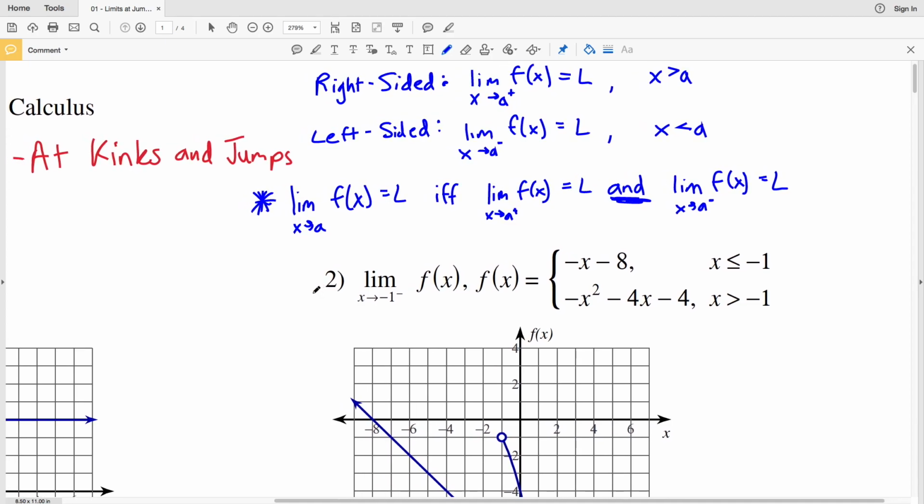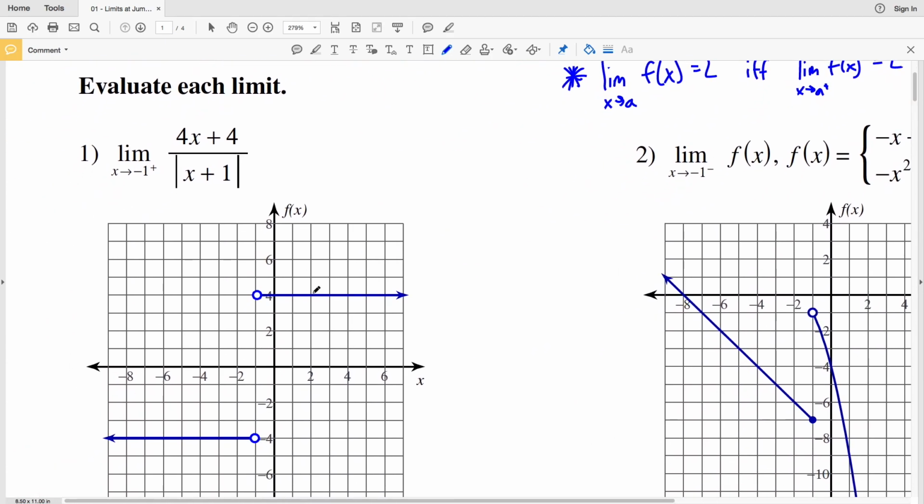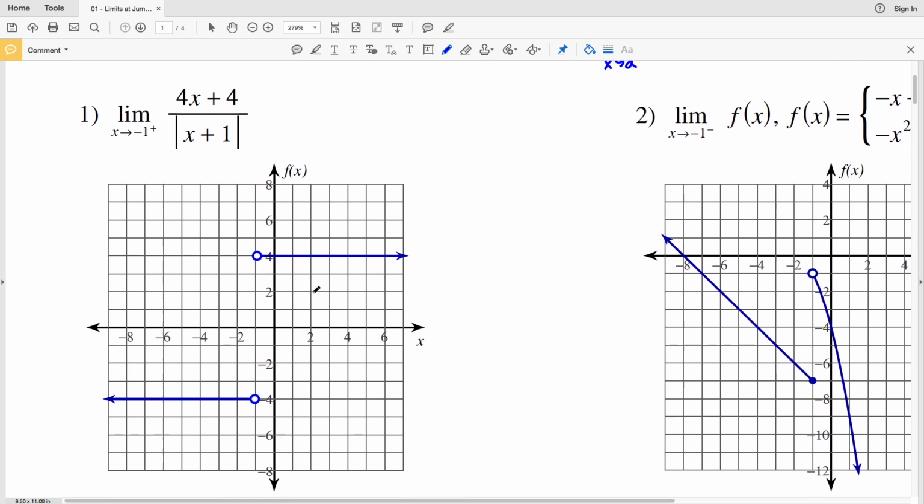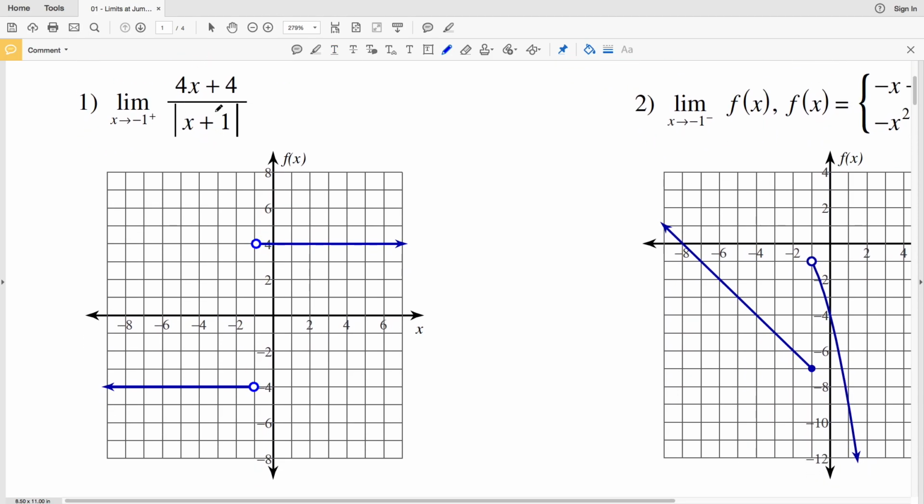But let's get started with number 1. In numbers 1 through 4, we're going to evaluate each limit. On number 1, our function is f of x equals 4x plus 4 over the absolute value of x plus 1. And we're evaluating that limit as x approaches negative 1 from the right.